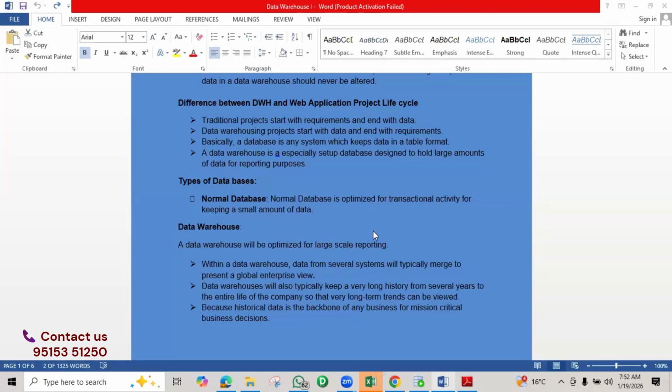Whatever the transaction has been done today, doesn't matter if it was 5 o'clock, 10 o'clock, 7 o'clock, 8 o'clock, it will be considered current data, and only the next day it will be transferred. Unless and until we move the data, it will be there only. Okay, understood.